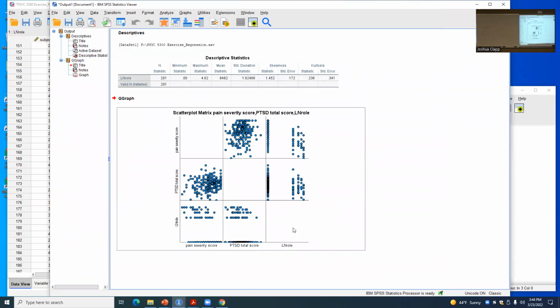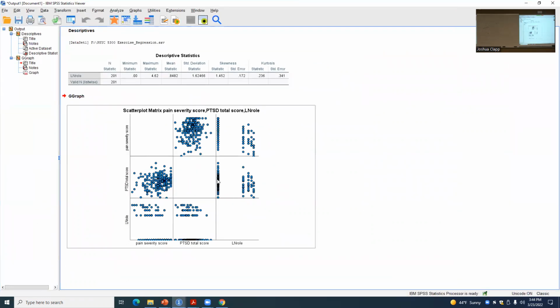And what it's going to give us here is a scatter plot matrix that is okay the way it is, it's fine. But we can play around with this to make it a little more informative.